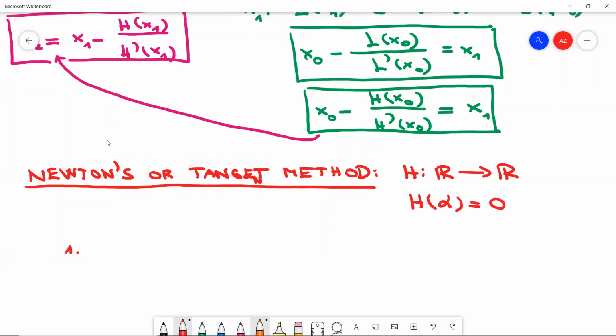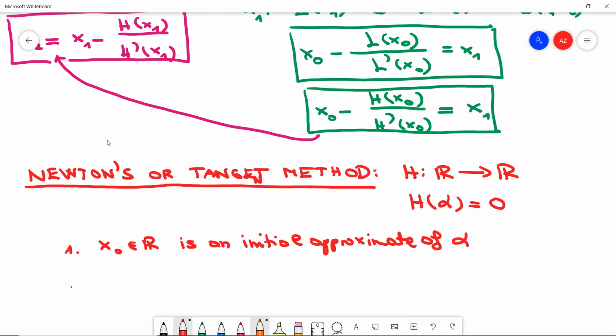And what we do is choose an initial approximation. x naught is an initial approximation. And then we are repeating this calculation.